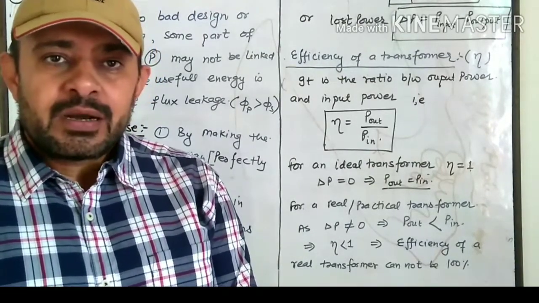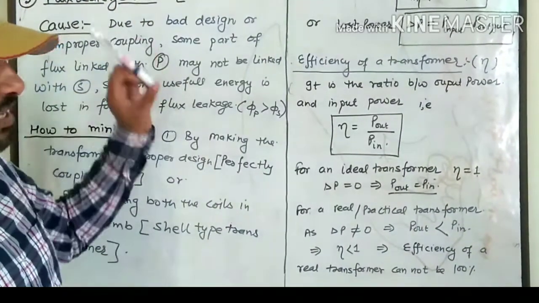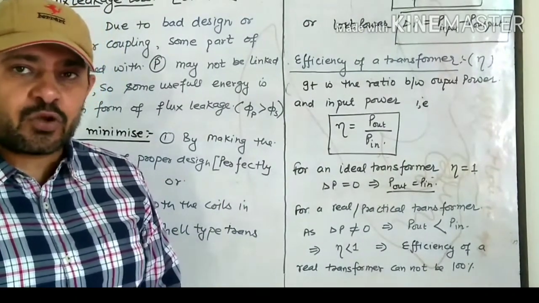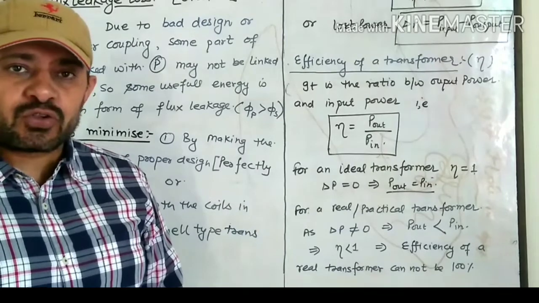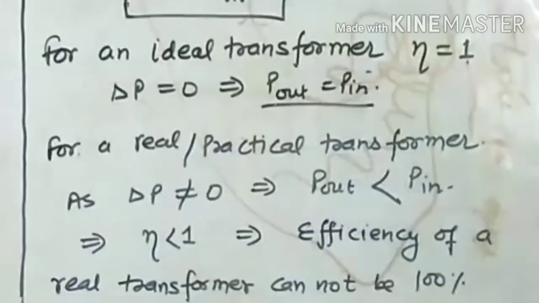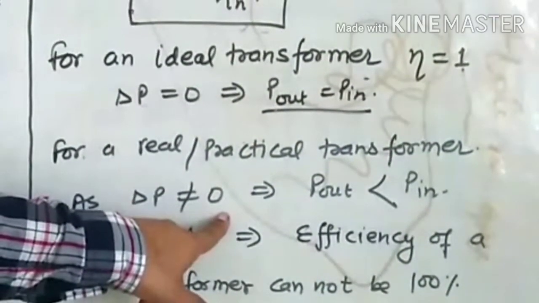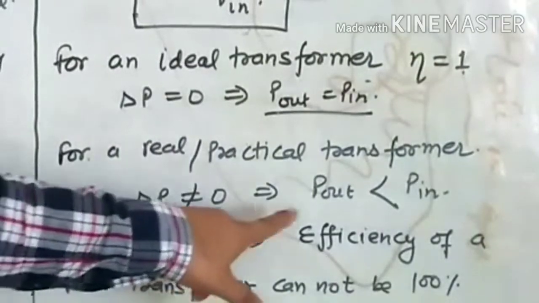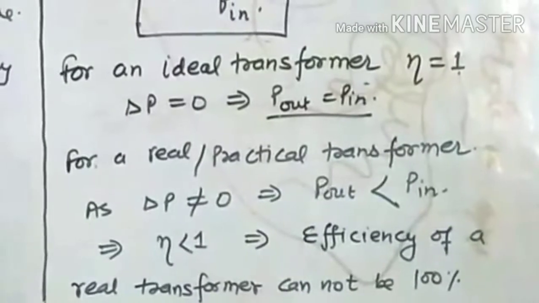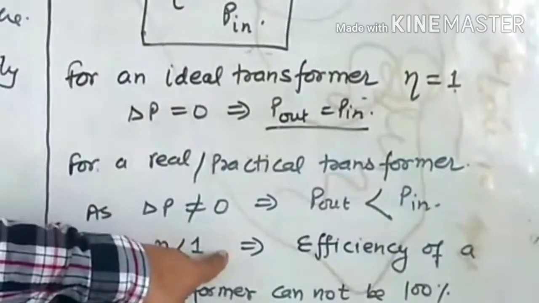In actual or real transformers, we have seen that out of these five, at least one or two losses are such that they cannot be ruled out, they cannot be zeroed. That's why power loss is not equal to zero. Means some power is lost, indicating that power output is always smaller than the power input. It means the efficiency of a real transformer cannot be equal to 1.